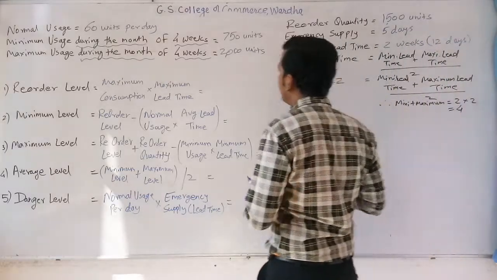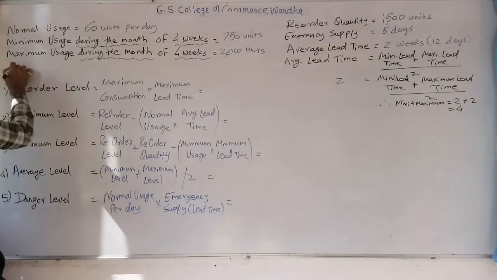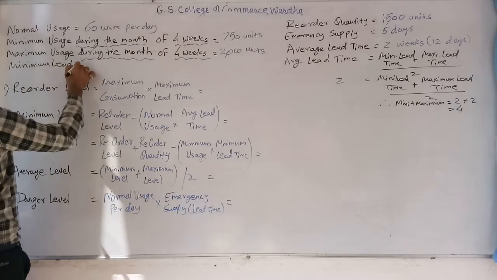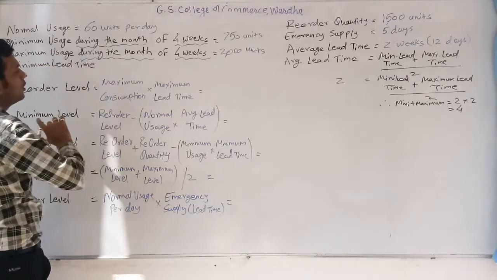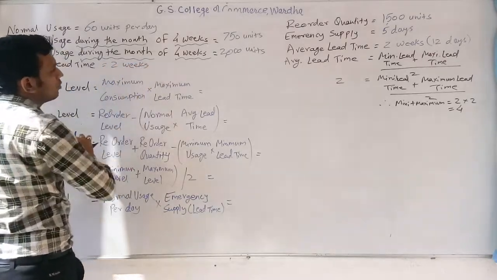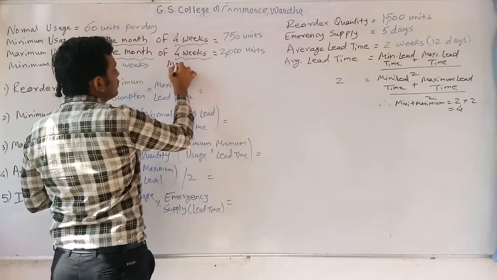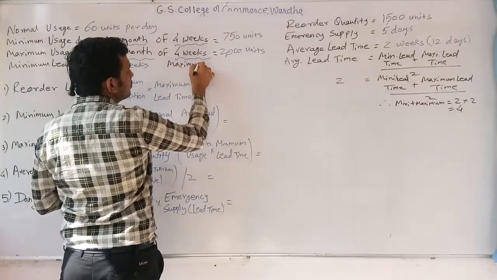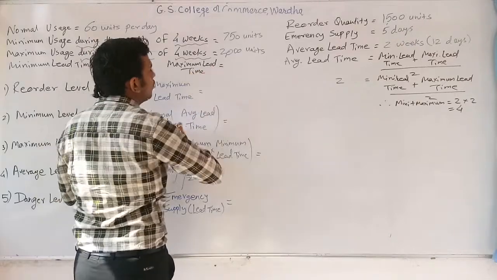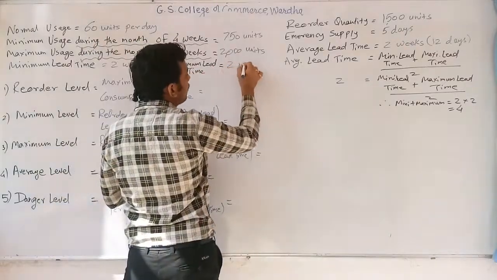Therefore we can say that minimum lead time would be 2 weeks, whereas maximum lead time would again be 2 weeks.